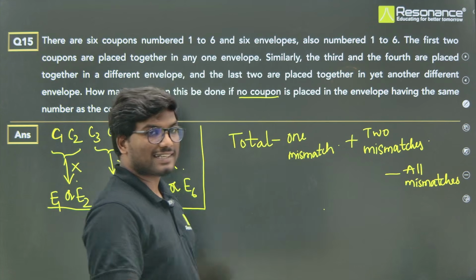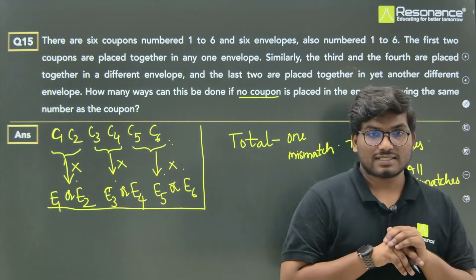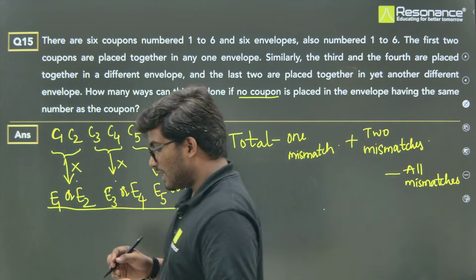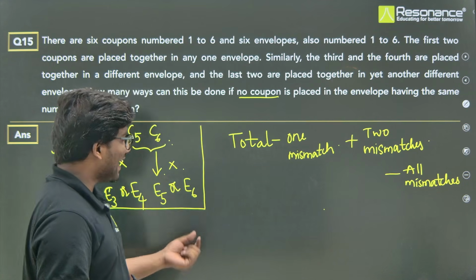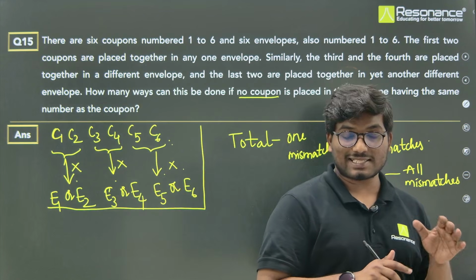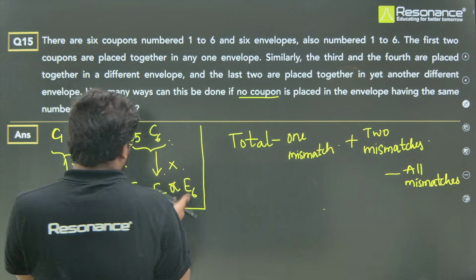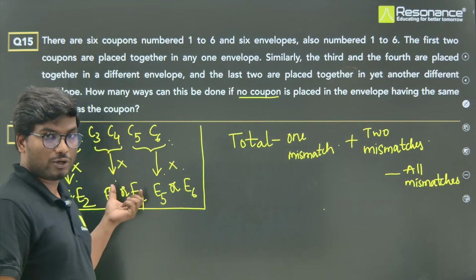What are the total cases possible? To calculate the total cases, just forget everything. Think of it this way: there are 6 coupons, and for the 6 coupons, there are 3 entities, grouped into 3 entities.